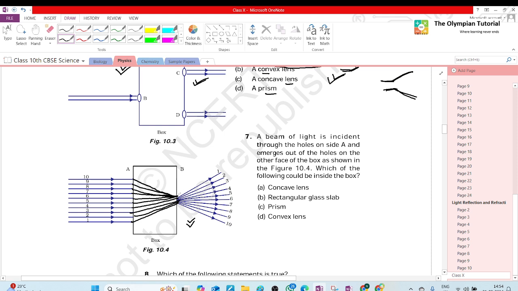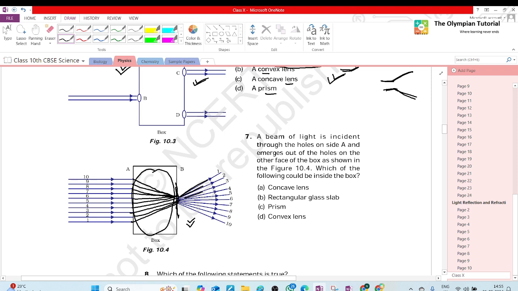Outside the box they are going like this, but inside they are converging. So it's a convex lens? We do not identify lenses with the reflected ray, but we notice whether it's converging inside the box. Inside the box, what's going on?